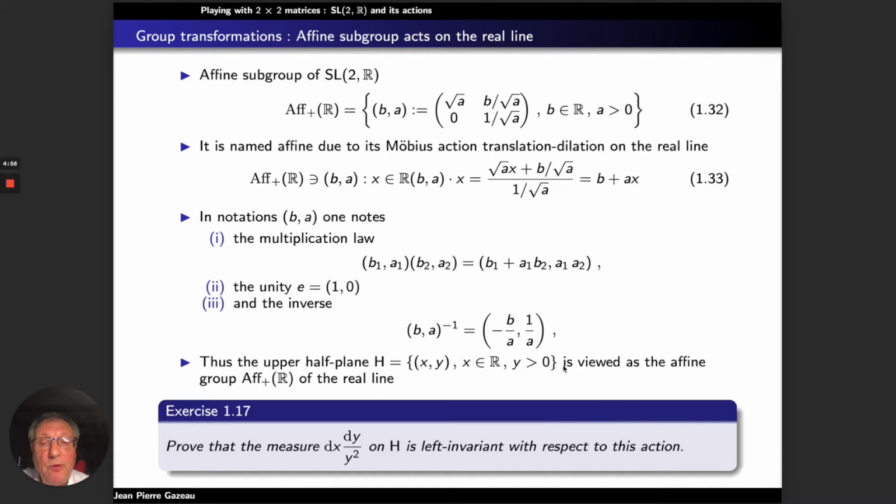That means if you multiply x, y here by another element of the group, on the left, the result will be x prime, y prime, but dx prime dy prime over y prime squared is equal to dx dy over y squared.